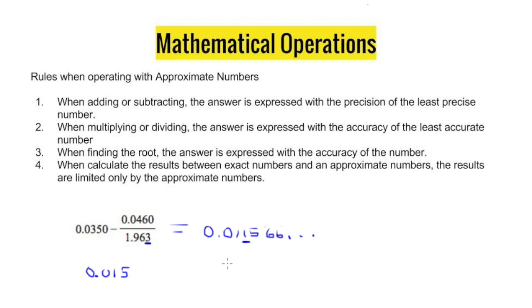And when we do, we get 0.012, and then everything that follows it are zeros. But do we need those zeros here? No, we don't need those zeros because they are not significant. The only significant digit that we have to make sure we don't erase is this 2. So all these zeros are not necessary. So the answer to this expression, when rounded to the correct precision and accuracy, is 0.012.